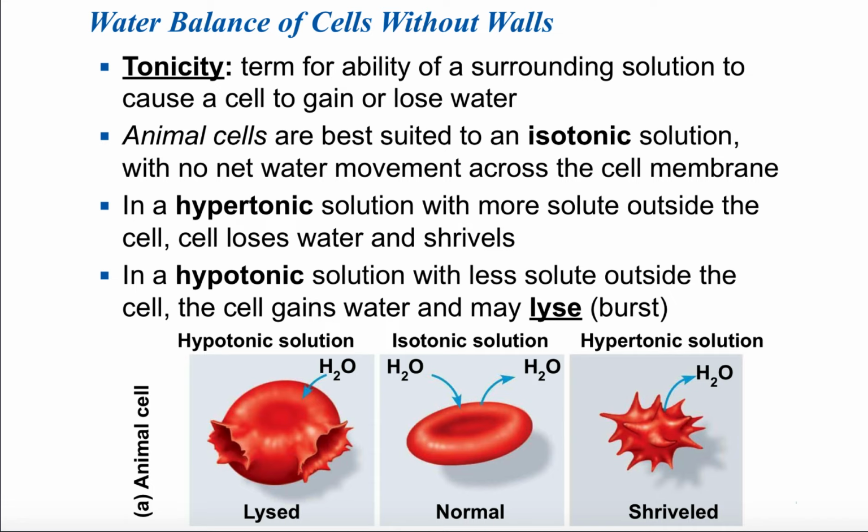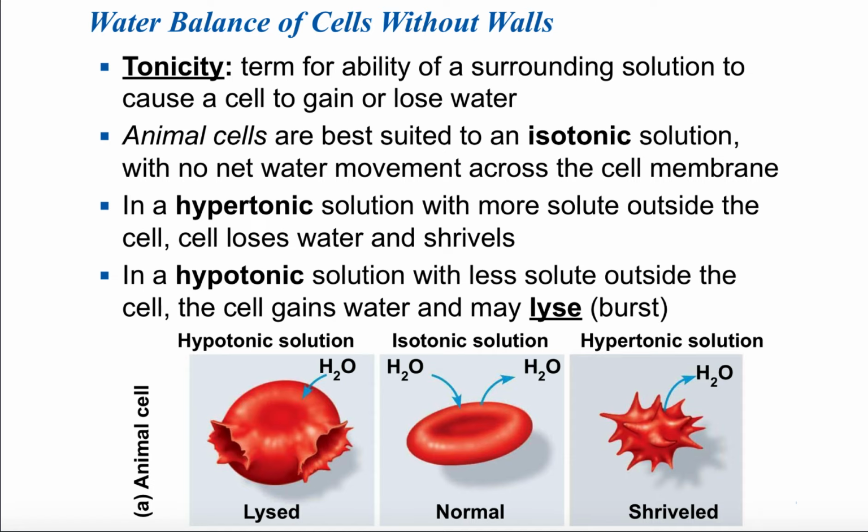So tonicity is just a special term that refers to isotonic, hypertonic, hypotonic, the level of solute concentration in the environment. Now, if you're an animal cell, that's very critical, because you lack a cell wall, which means that if water flows too much into your membrane, you have the potential for your membrane to pop.